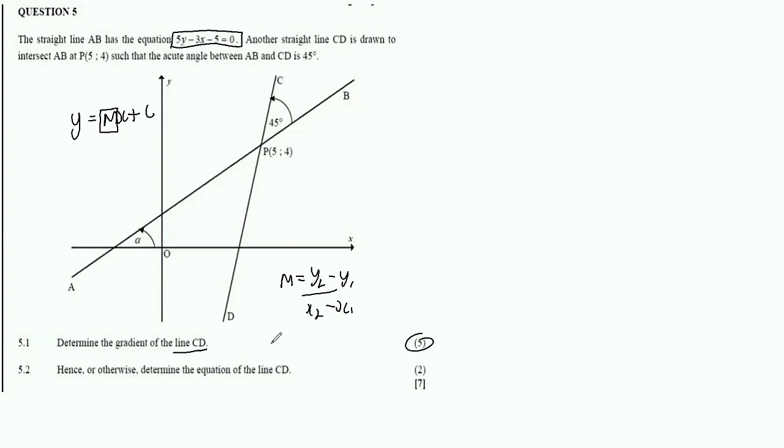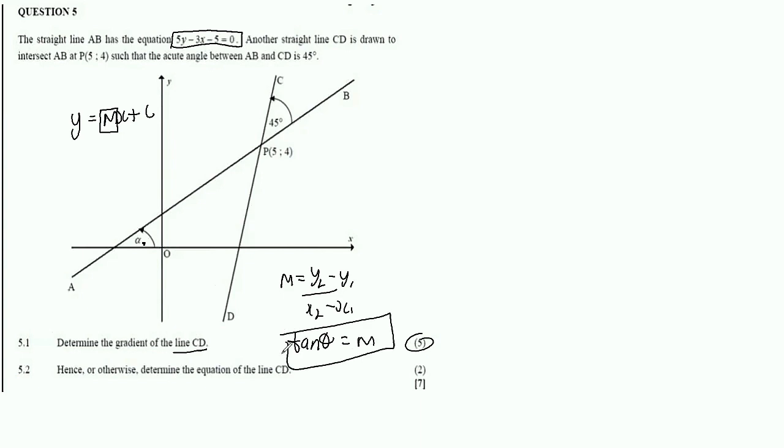Now, what's another way if we can't achieve it with this one? We know that we have to use the angle of inclination. Looking at those straight lines, you can see that they form angles of inclination, with alpha here being the angle of inclination of line AB. Now, tan theta is equal to m.